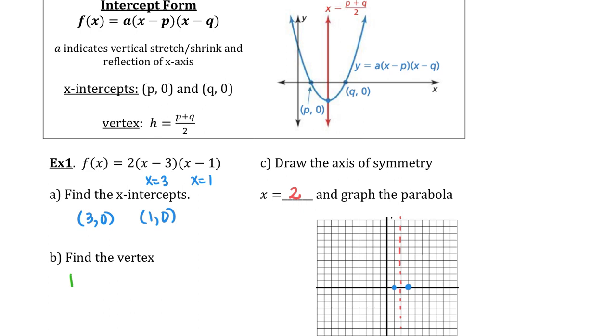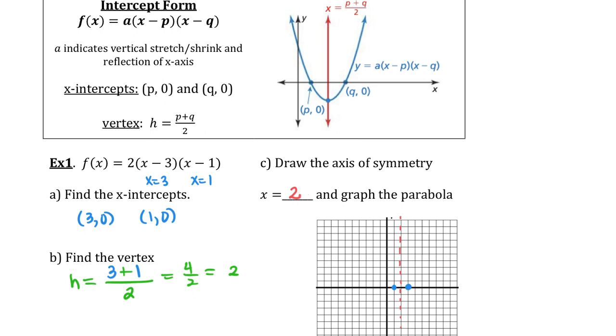So I'm going to do h equals (p plus q) over 2. That's my two x values. So 3 plus 1, and it doesn't matter which one you put first. I'm dividing by 2 because I want the middle. So that's 4 divided by 2, which is 2, which is also my axis of symmetry.